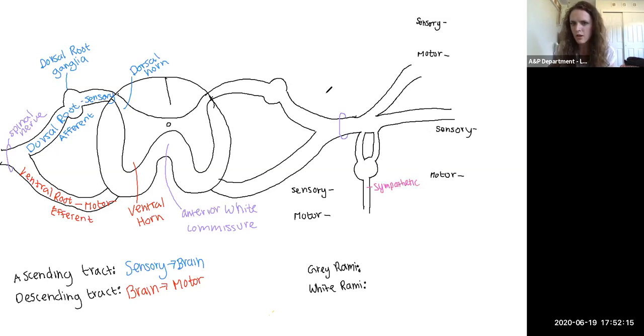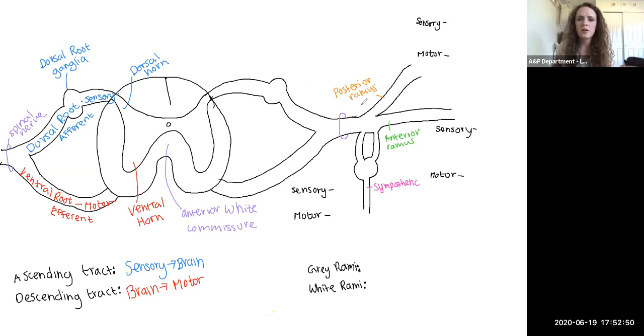Your next one is your anterior ramus. And your top one is going to be your posterior ramus.